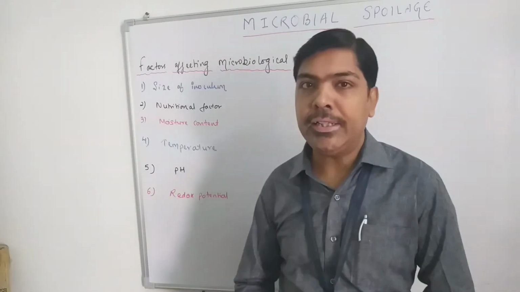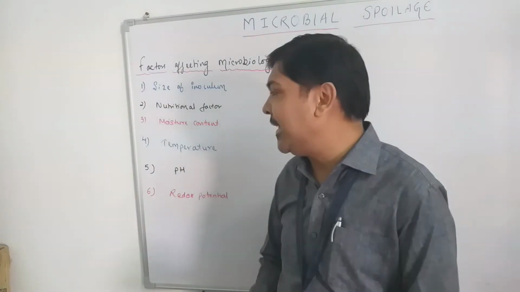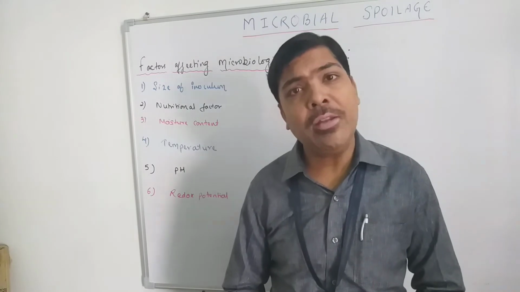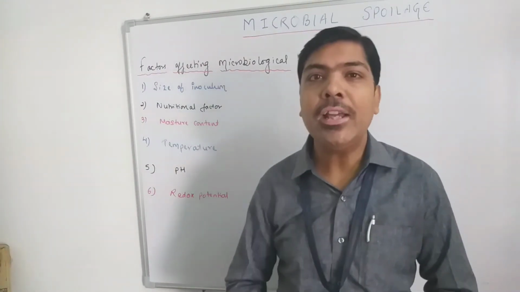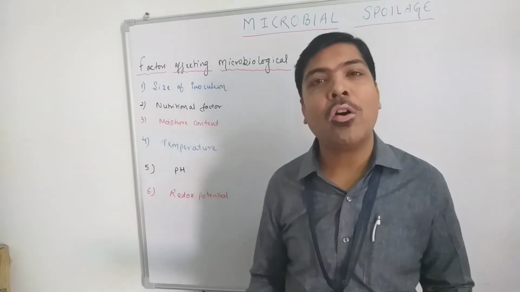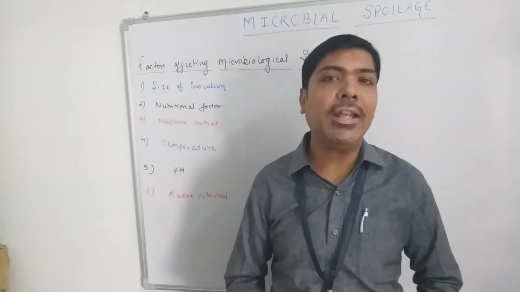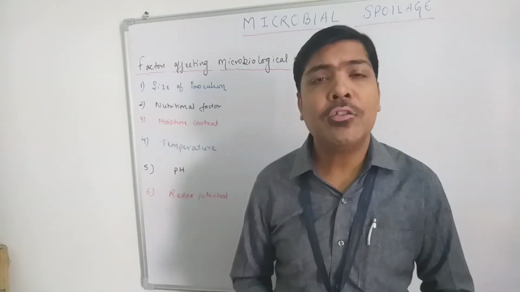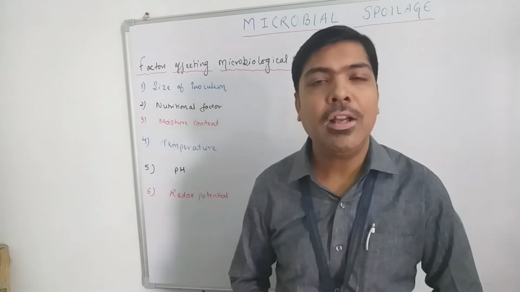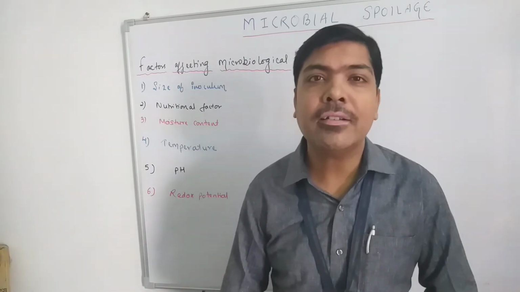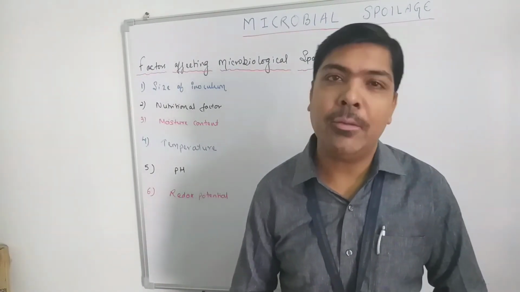Next factor is the pH. Again, pH also plays a very important role. As in the case of temperature, we know that every microorganism grows at a particular temperature. The same is the case with pH, and every microorganism grows at a particular pH. But that pH is generally on the neutral side. So if the preparation has somewhat acidic or basic characteristics, then spoilage by microorganisms can be prevented.